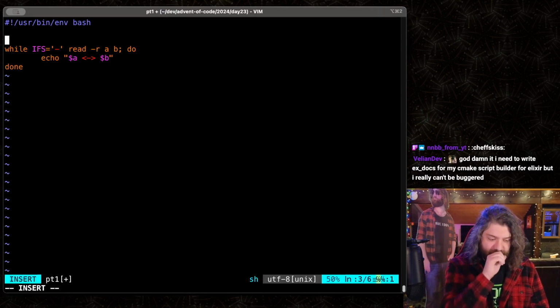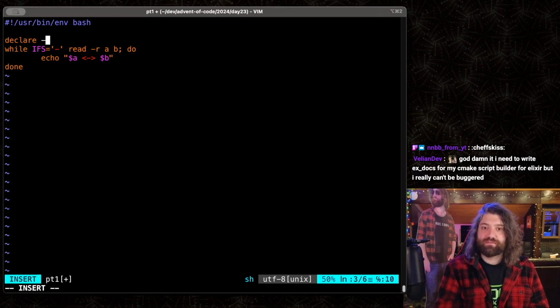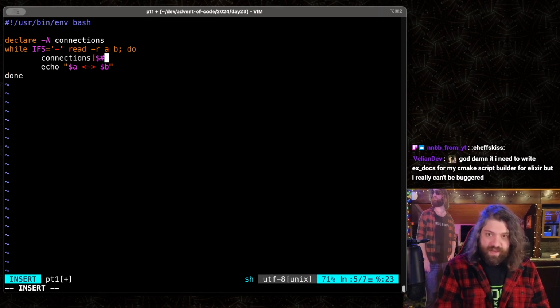Let's store all of our connections. This is a hash map effectively, and we will say connections of $A will push B into it. And we'll push A into B and B into A. Now we don't have push and we don't have nested data structures.